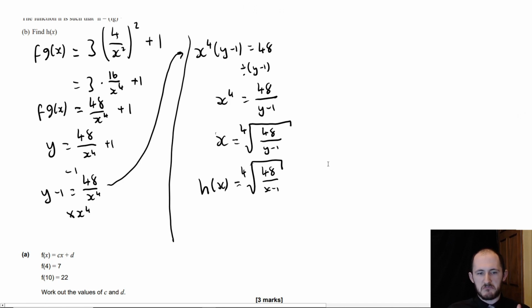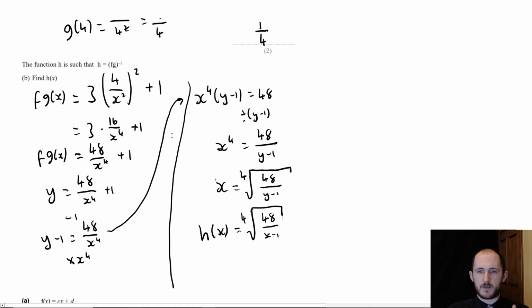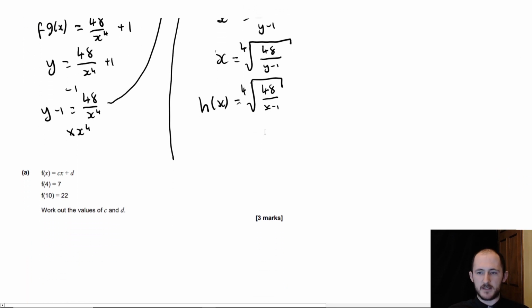Not bad. Yeah, not too bad. So this was 2 marks, and I believe this was 3 marks, by the way. This bottom one. So you get a mark for working out the composite function fg of x, a mark for then doing the inverse, and then a mark for writing that it's h of x. So in total, 5 marks out of 80, right? Because you have 80 marks in the paper. That's not bad.